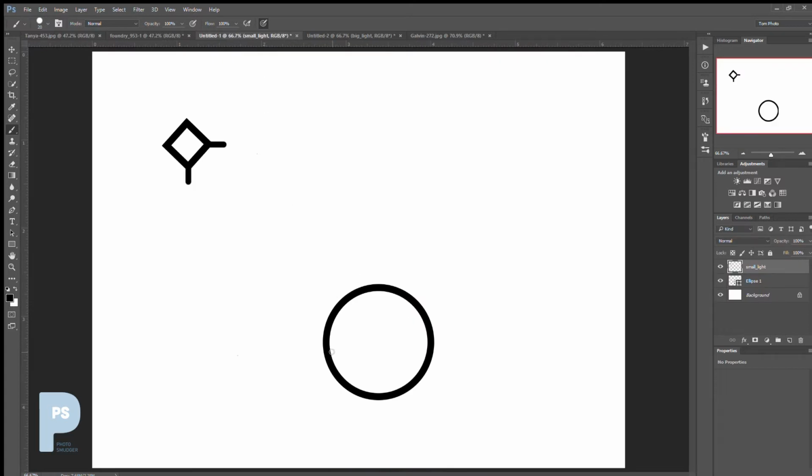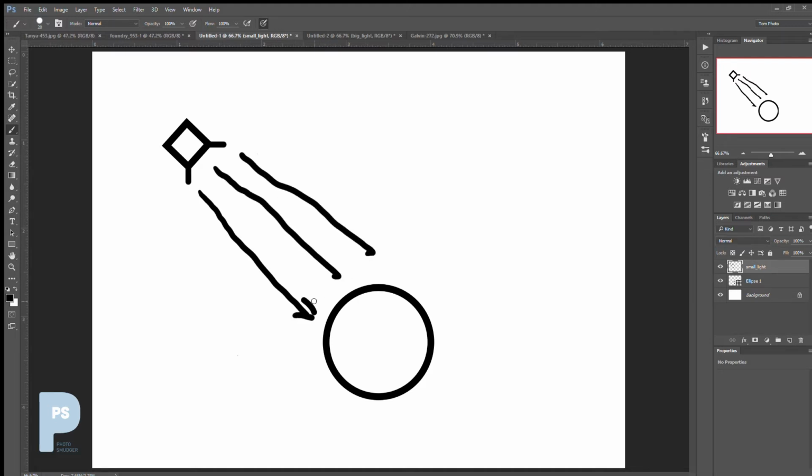So here we have our subject, our hypothetical circular thing, and here we have a small hard light. Now obviously, light can only travel in straight lines. Okay, I can't draw straight lines because I'm an idiot, but you get the general idea. So it only travels in straight lines. What that means is that the sides of an object or subject not facing the light will be in shadow.